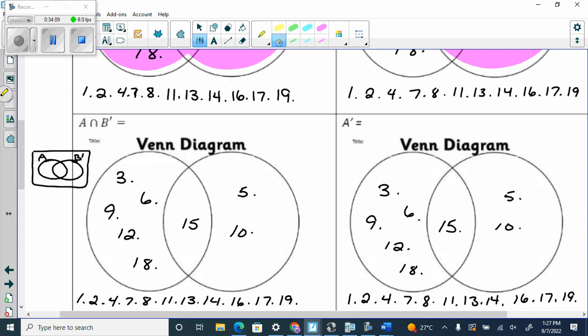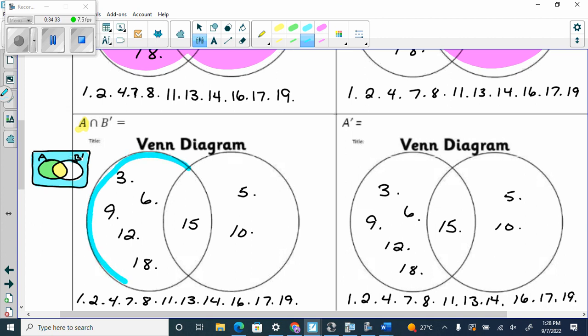So if I do my highlighter, I'm going to shade A. That's this one. And then I'm going to shade not B. And they double shaded in this little area, the little moon, right?